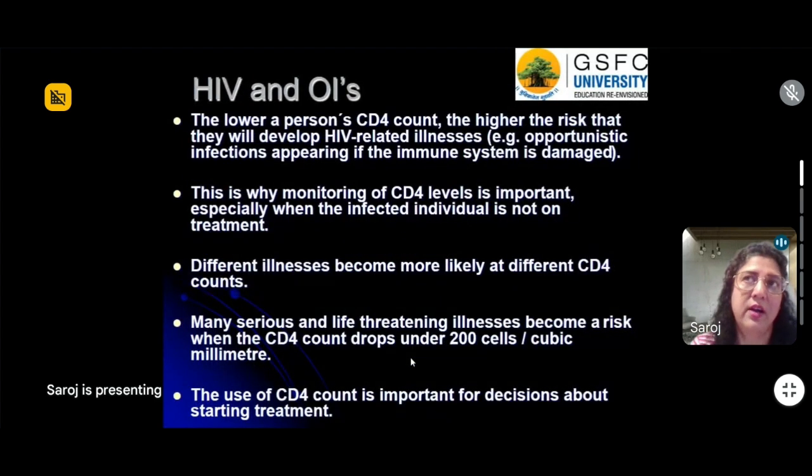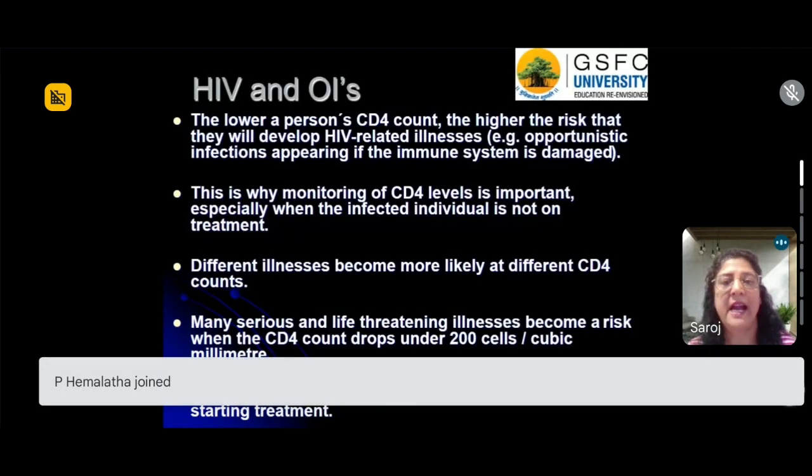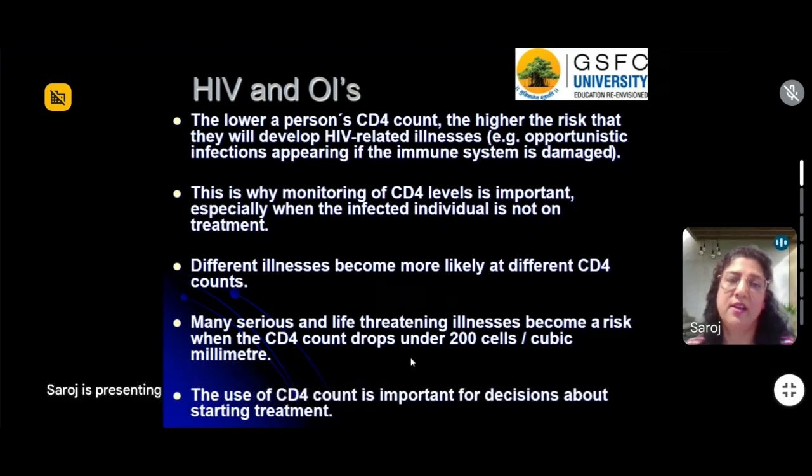Another additional, I would say, problem that comes with HIV is infections with opportunistic microorganisms. We already discussed that our CD4 cell count is being compromised, and that is lowering our defenses. If it is lowering our immune defenses, we become susceptible to other infections which are not of viral origin.